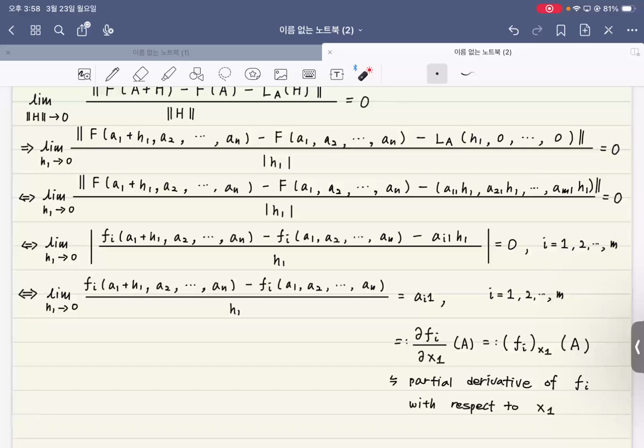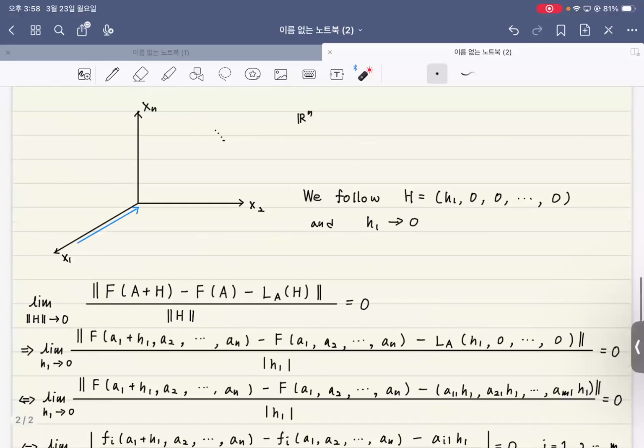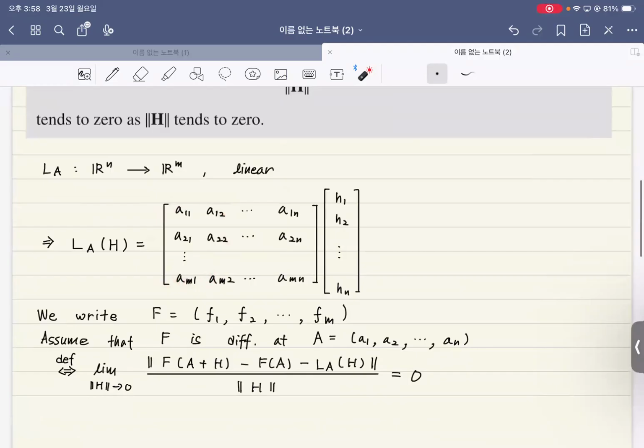So now this gives us some insight on this linear function. You have to remember at the very beginning we wanted to find what this matrix is.